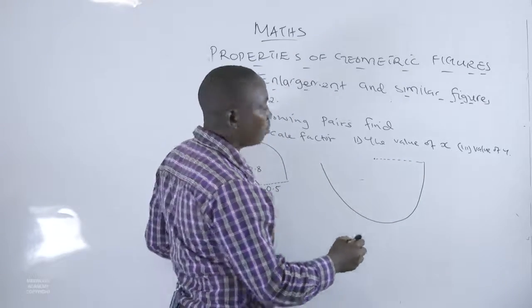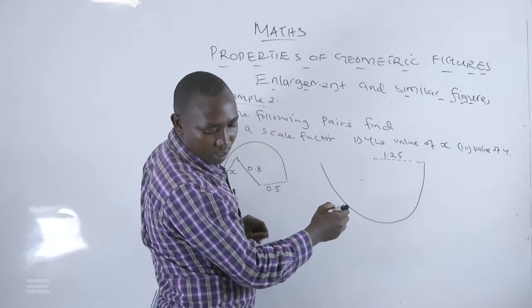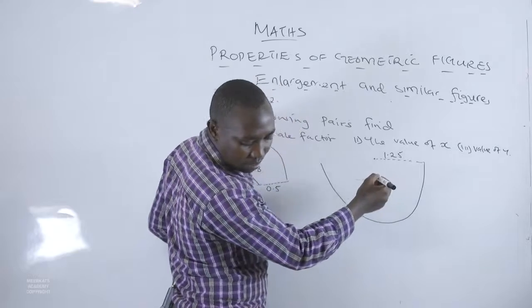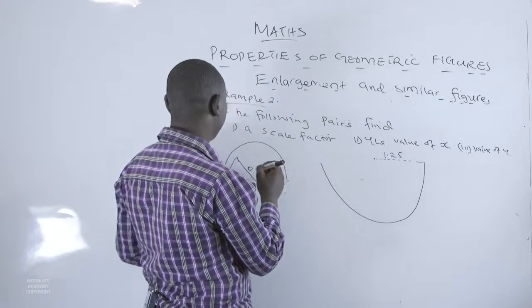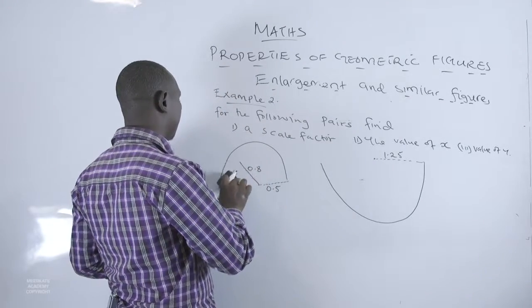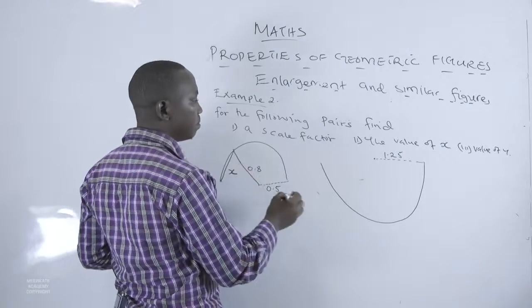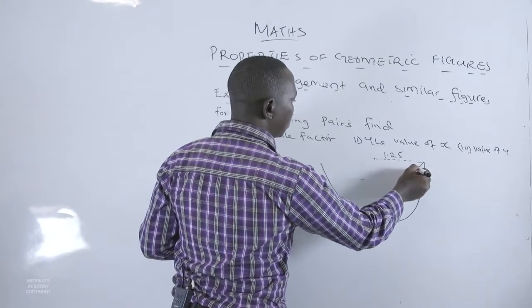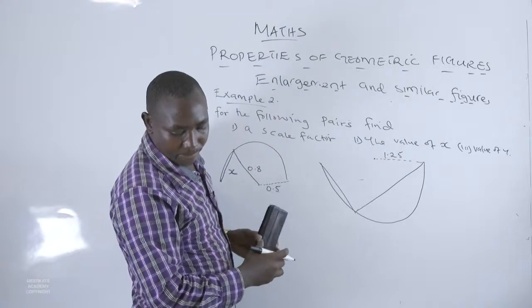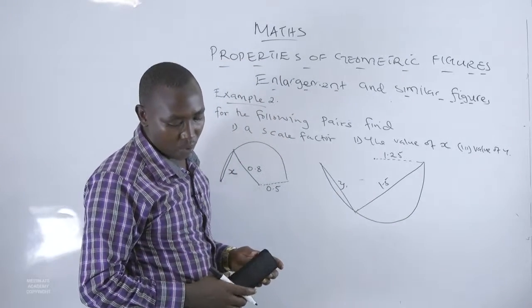We are told the radius is 1.25. Then we have the longest side, which is 1.5. This side we have y.